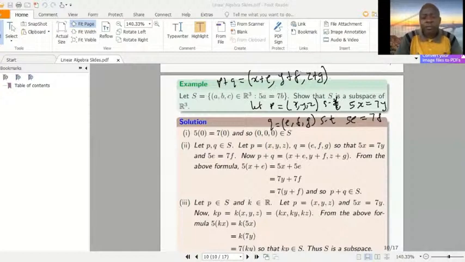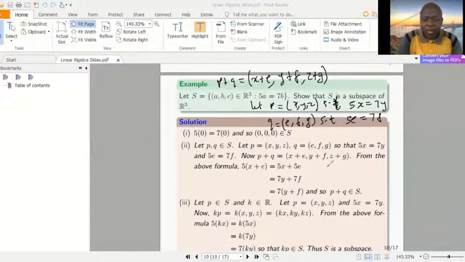So this would be the sum of these 2 vectors. What does this property tell me? This property tells me that I need to show that 5 times the first element here gives me 7 times the second element. That is what I want to show. And if I show that, I'll have shown that the closure property is satisfied.